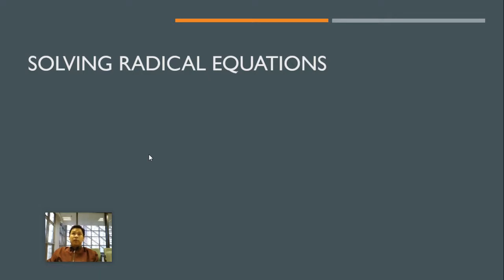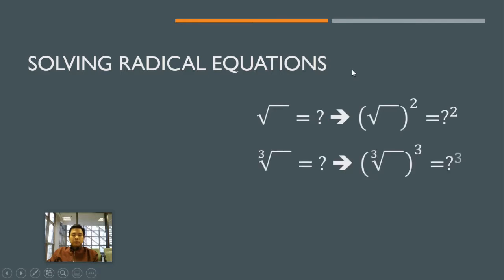Now, since we'll be dealing with functions later on, solving radical equations should be well established. The idea is if you have a radical expression, we can solve the equation it comes with, especially if a variable is in the radicand, by taking the opposite or the inverse operation of it.